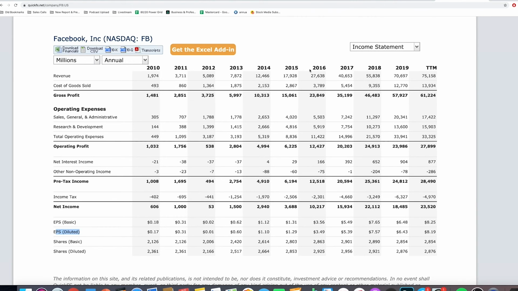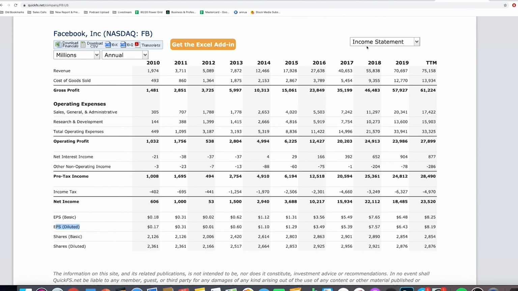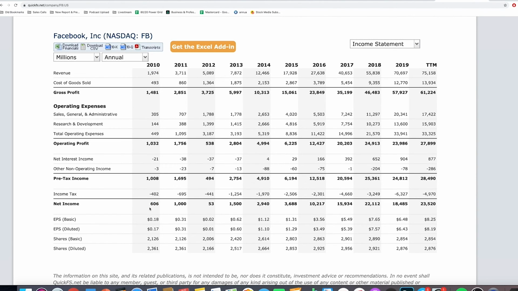The other thing that I'm looking for in terms of the income statement is the profit margin and how that's changing over time. So that is really showing us the relationship between this revenue figure and this net income figure. What percentage of their revenue is trickling all the way down to net profit or net income?